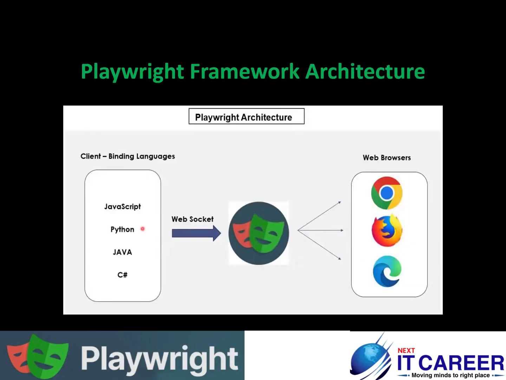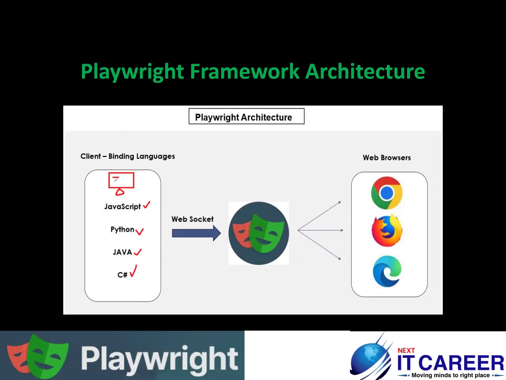Okay, next. This is the Playwright architecture. It's very simple. Let us assume this is your laptop. You can open your laptop, open your IDE, like Visual Studio, and write the test using any one of these languages: JavaScript, Python, Java, C# or TypeScript.